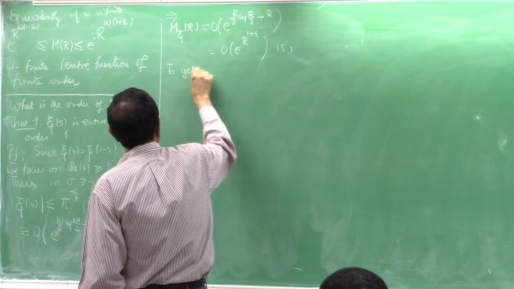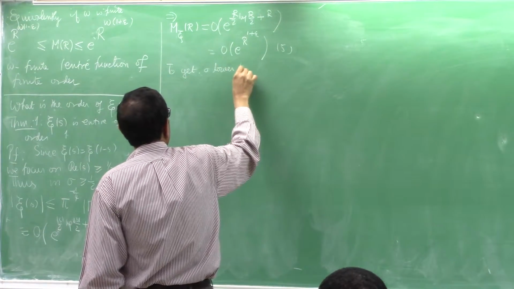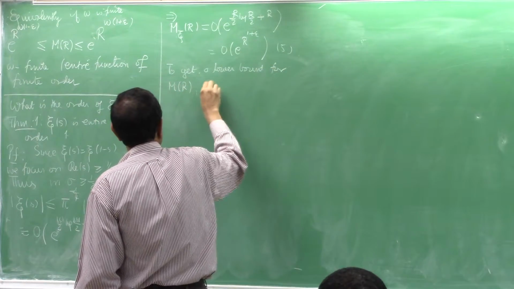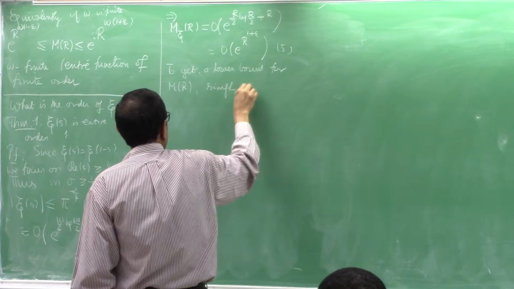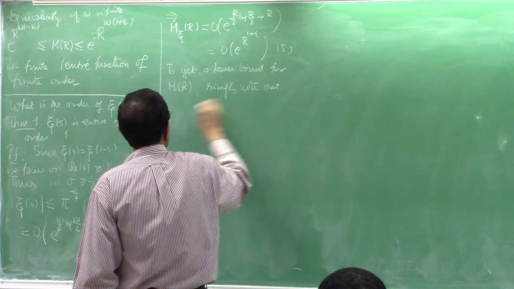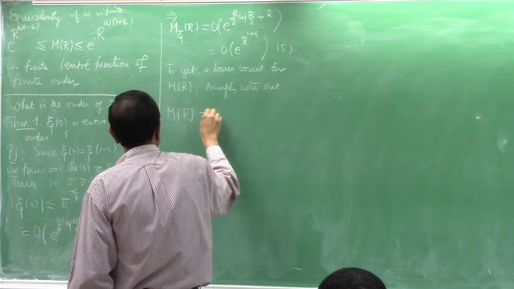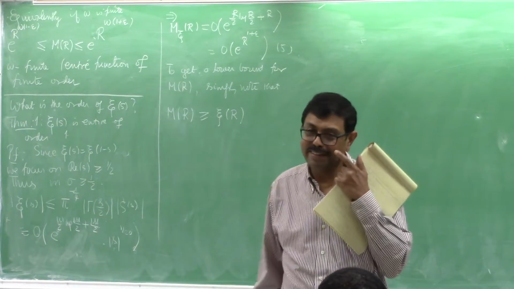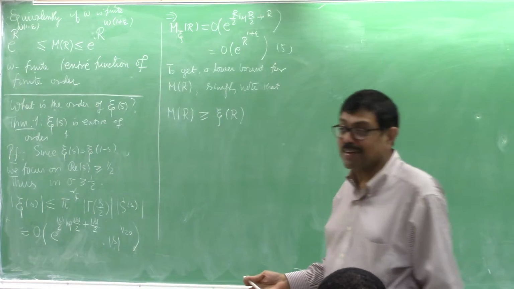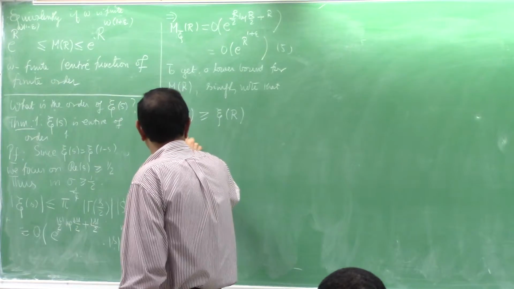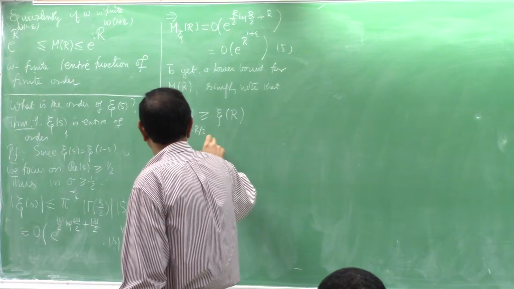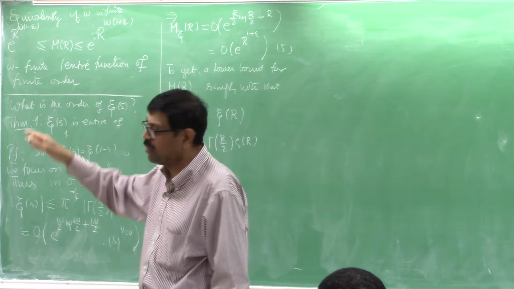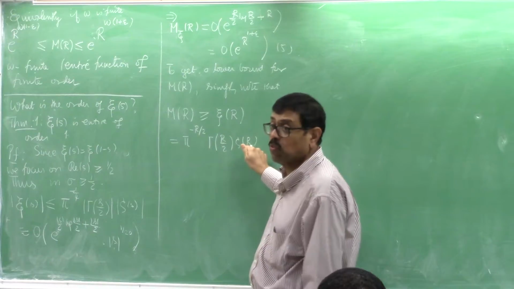To get a lower bound for m of R, simply note that m of R is greater than or equal to the value of the C function at the point R. And the value of the C function at the point R is pi to the minus R over 2, gamma R over 2, zeta R. But now as R is going to infinity, zeta R is going to 1.